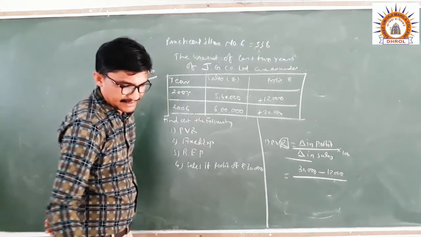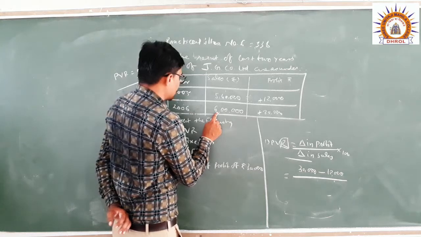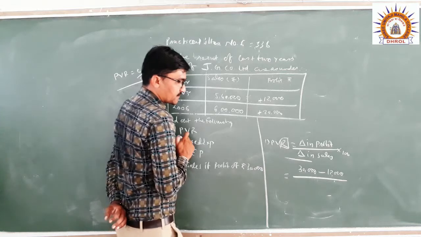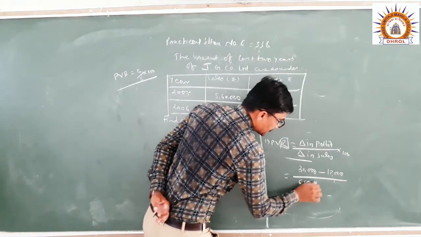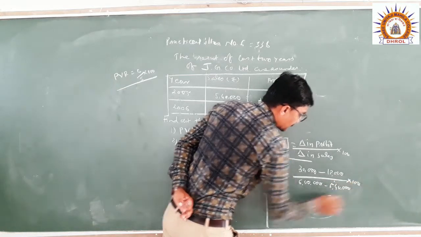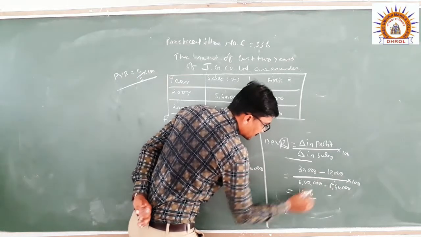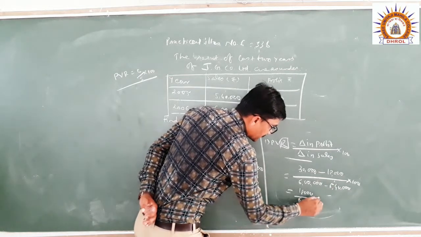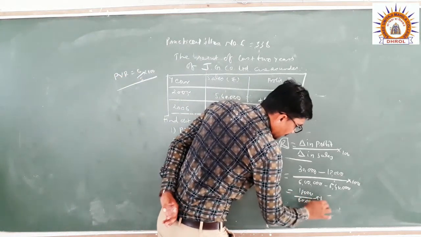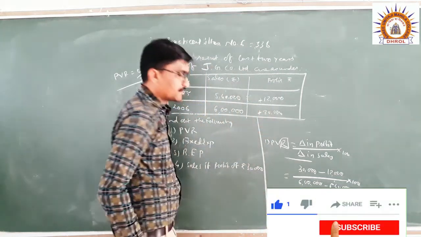Then the difference in sales: 6 lakhs in 2006 and 5 lakhs 40,000 in 2005. So 6 lakhs minus 5 lakhs 40,000, multiplied by 100. So 18,000 divided by the difference 60,000, multiplied by 100, and the answer is 30%.